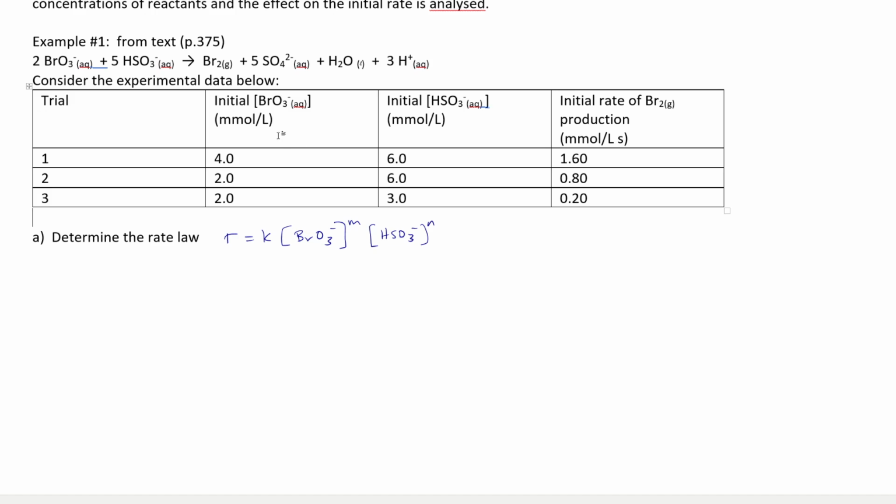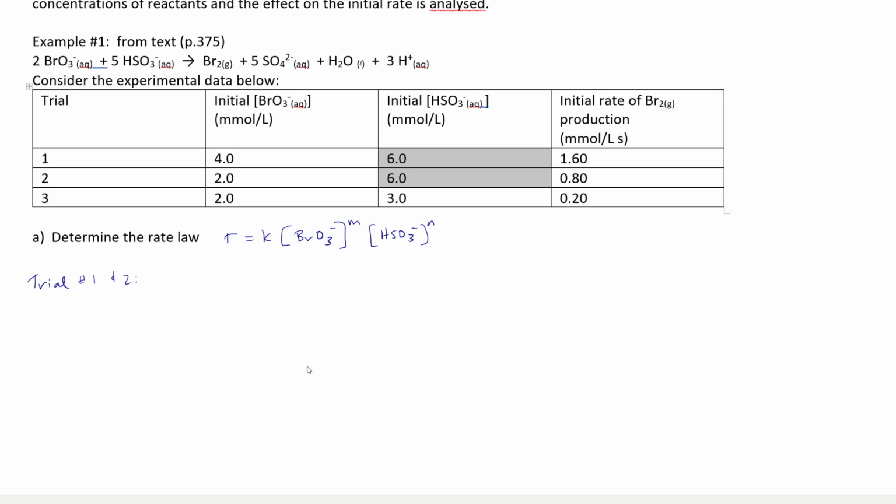So I'm going to start by picking trials 1 and 2. The reason I picked trials 1 and 2 is because my bisulfite concentration in those trials stays constant, so I will only be looking at the effect of bromate.